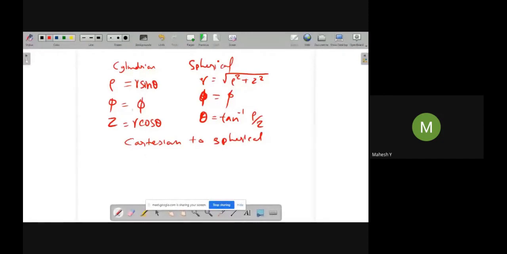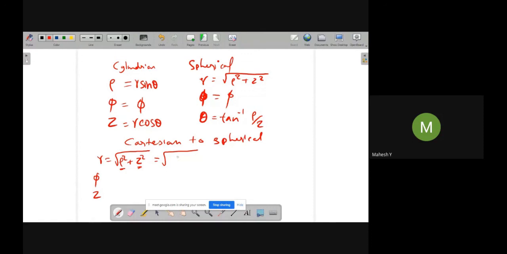We know Cartesian to cylindrical, cylindrical to spherical. So for Cartesian to spherical, we just have to substitute. Here, if I consider R, phi, Z, what is R? R is the square root of rho square plus Z square. Now in Cartesian only rho is not there, so I have to substitute for rho.